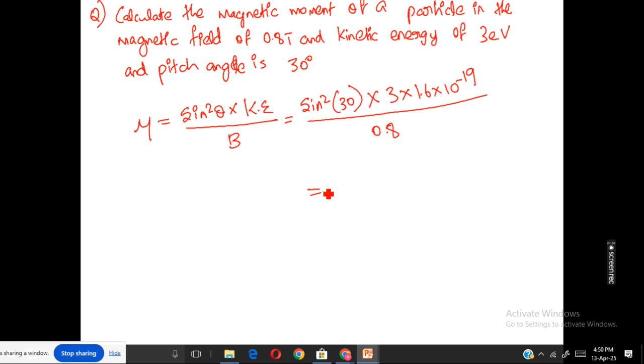The answer will be 1.5 into 10 raised to minus 19 joule per Tesla. Next question. Last question.